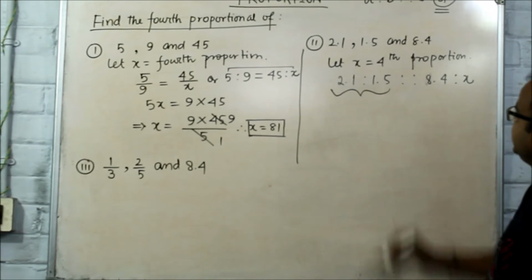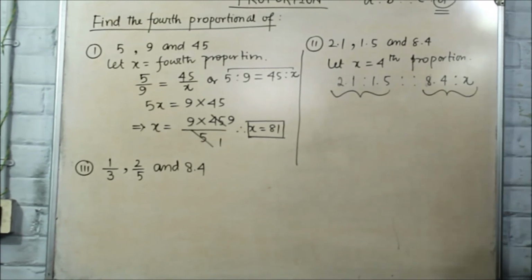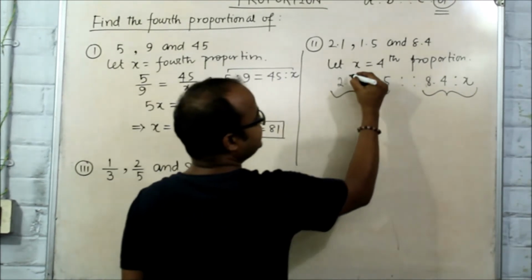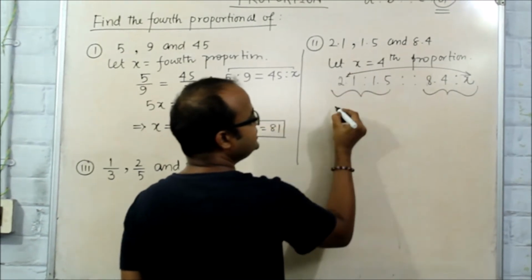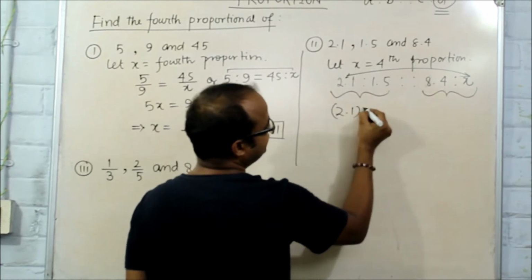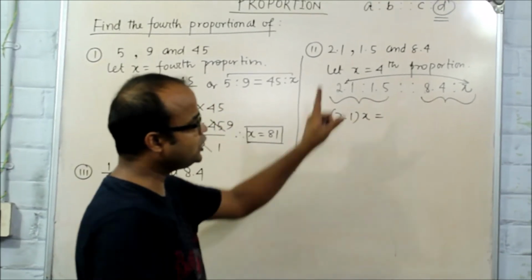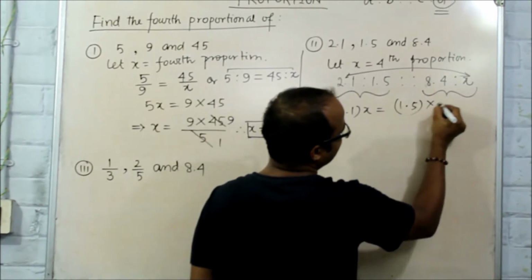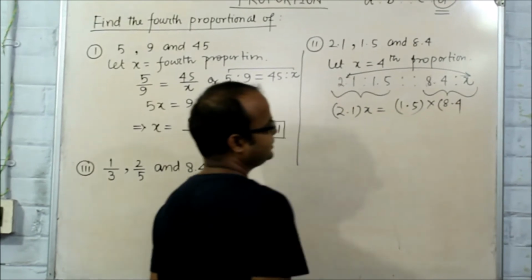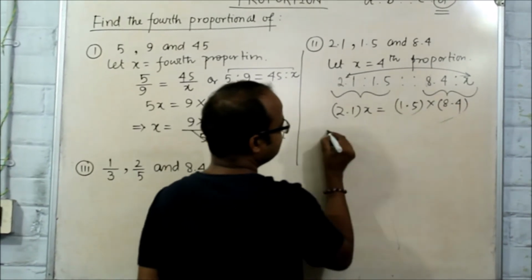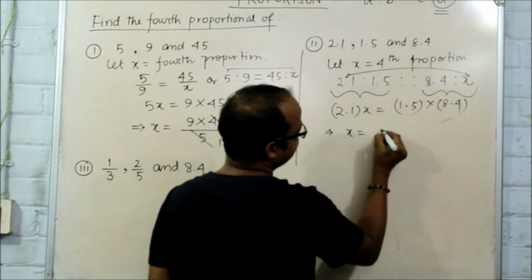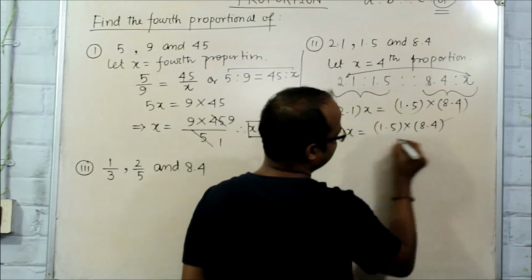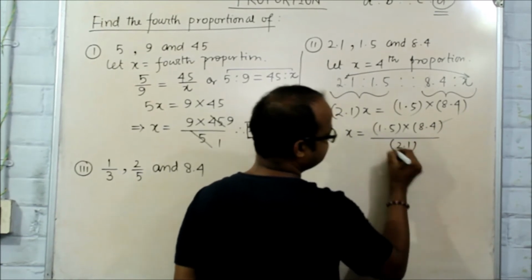Ratio of first and second is proportion to ratio of third and fourth. So again, product of extreme, means 2.1 into x is equal to product of mean, that is 1.5 into 8.4. Clear? So it implies x is equal to 1.5 into 8.4 divided by 2.1.